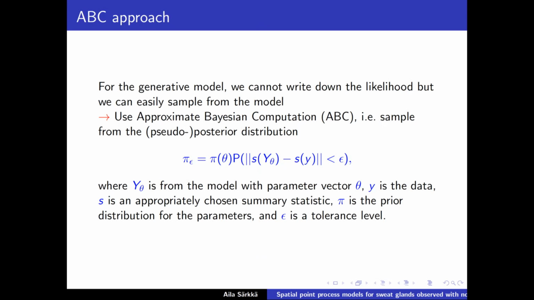But if you don't have the likelihood, and you have a model that you can sample easily, and in our case we can sample from our generative model very easily, then the approximate Bayesian computation method is very nice, because it's based on sampling from the posterior, or in some sense, pseudo-posterior distribution.